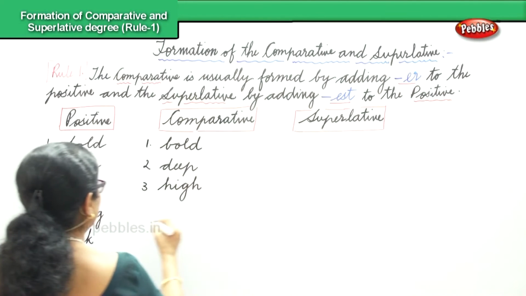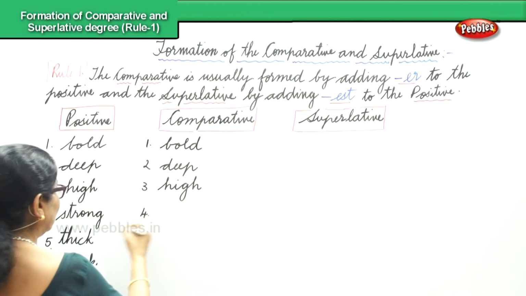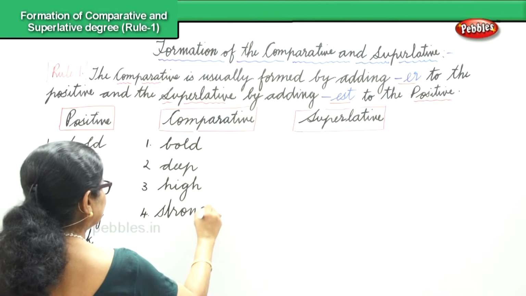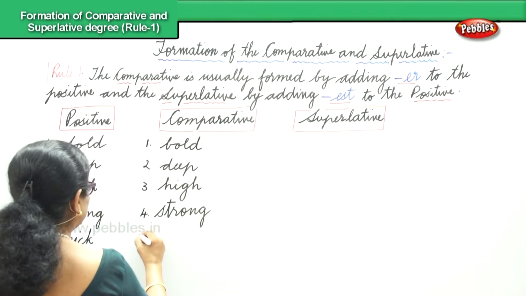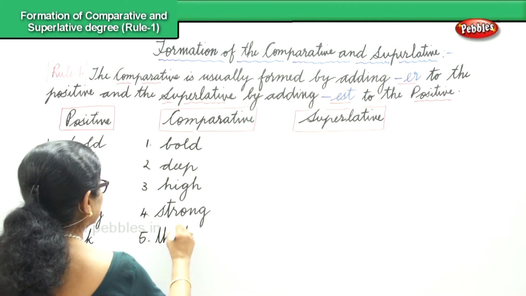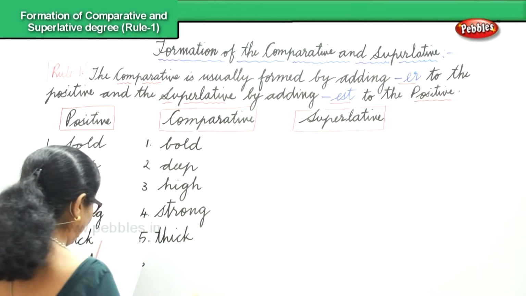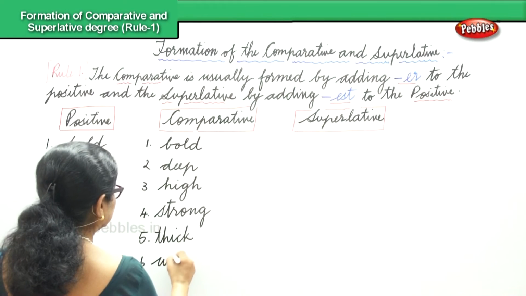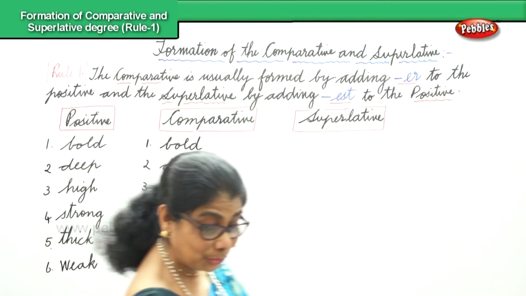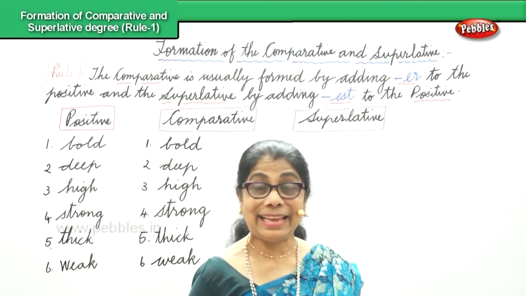We'll write it in a different color so that we'll remember better. Strong, stronger. Thick, thicker. Then finally, we have weak, weaker. Now I use a different color for us to see it very clearly.